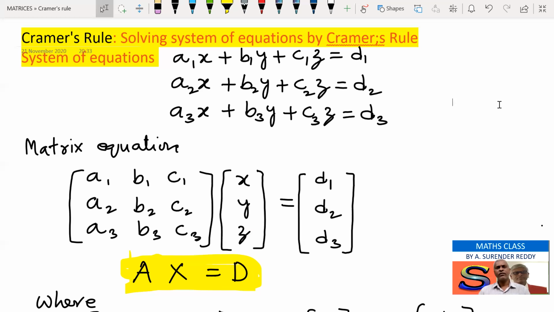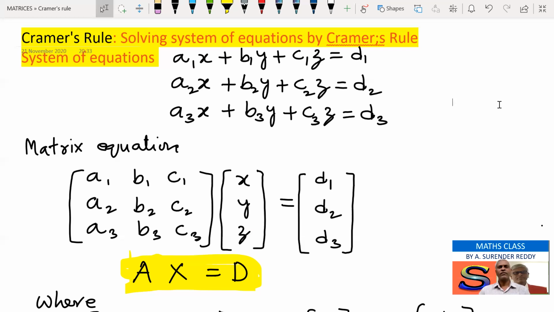The first one, let us consider the Cramer's rule. How to solve the given system of simultaneous equations by using this Cramer's rule.